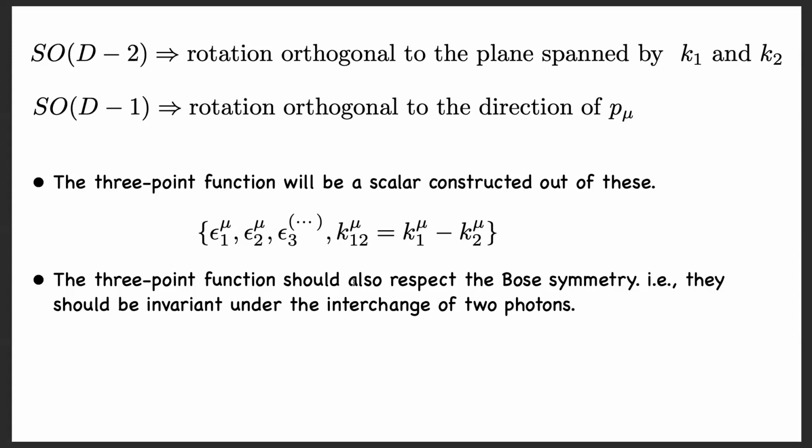That means if I interchange photon 1 and photon 2, it should remain invariant. If I am able to construct such a structure, then it is valid in this theory. So the whole thing boils down to constructing a scalar of these quantities which will be invariant under one amplitude.